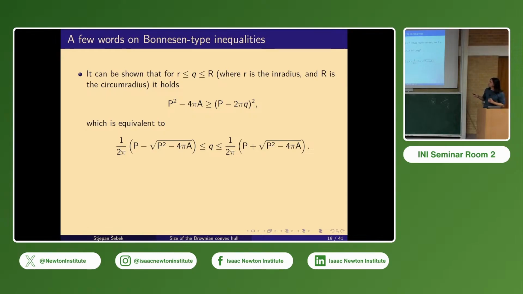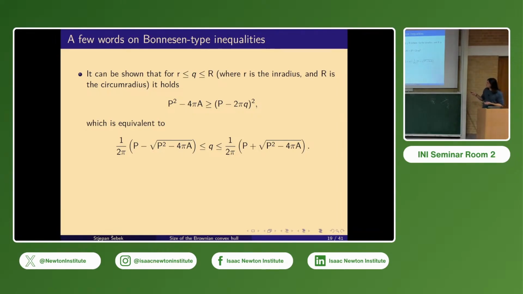So if you take any value between the inradius and the circumradius, you get this sort of Bonnesen-type inequality. From here you reorganize and you get this type of bound, a lower and upper bound for any value between the inradius and circumradius. So we decided maybe we can use this for both the circumradius and the inradius, and that's what we did.